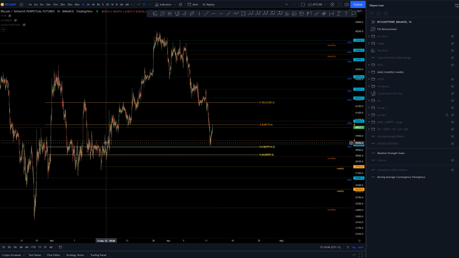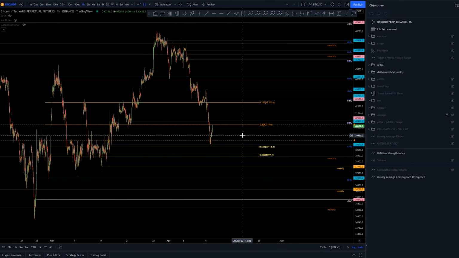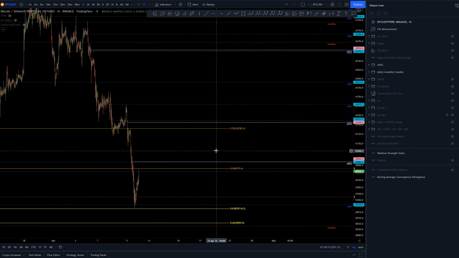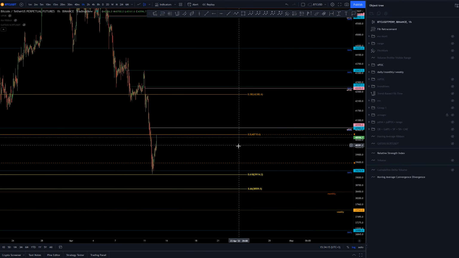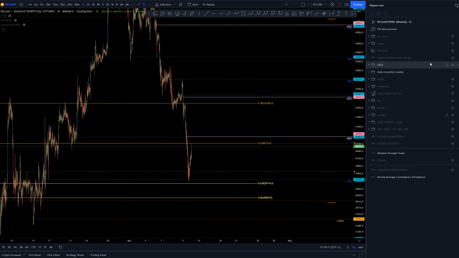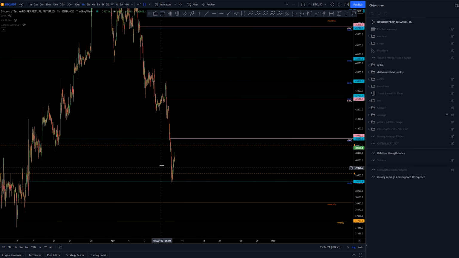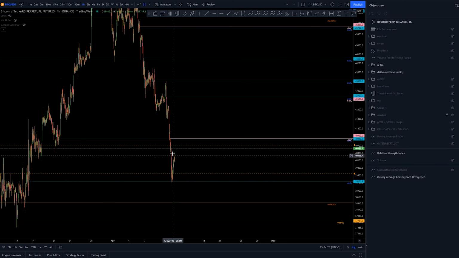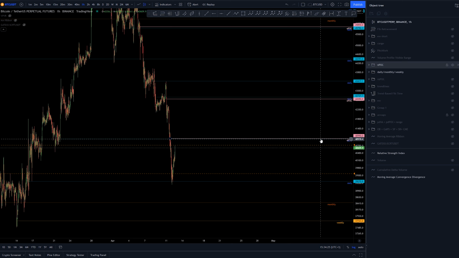There was a daily from here around 16th of March, and above us we got a couple of different levels that we are going to be looking at. Currently there is going to be some resistance here around 40,980.